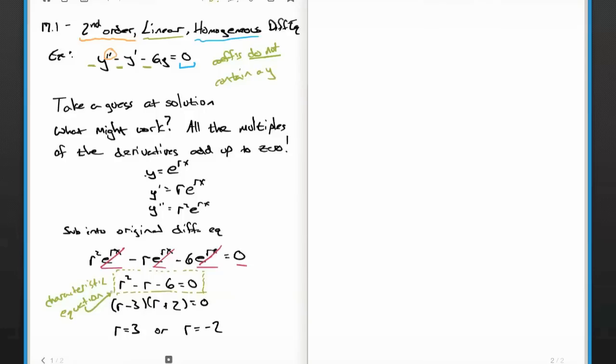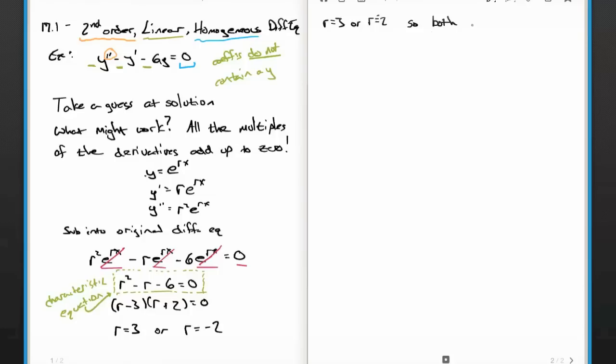So let's take a look at this. I'll rewrite this: r equals 3 or r equals negative 2. So both. Let's see, e to the rx, so, no wait, r equals negative 2 here, right?